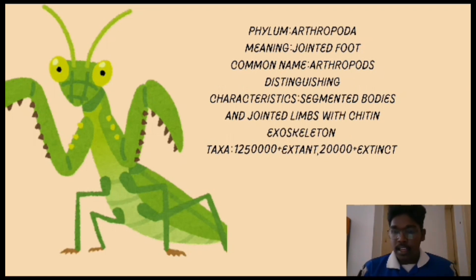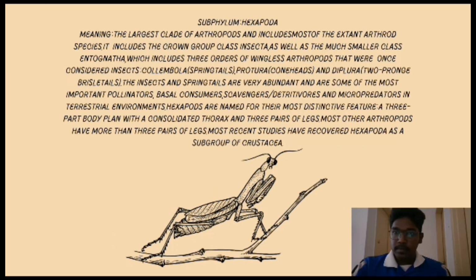Phylum Arthropoda, common name arthropods. Distinguishing characteristics: segmented bodies and jointed limbs with a chitin exoskeleton.